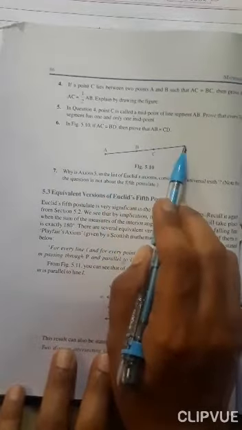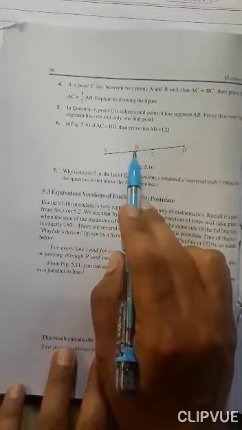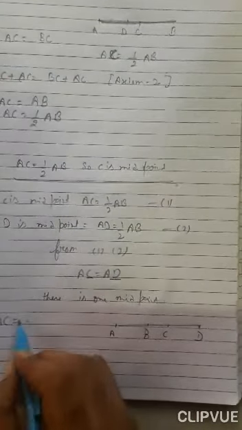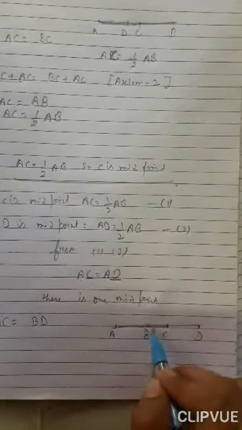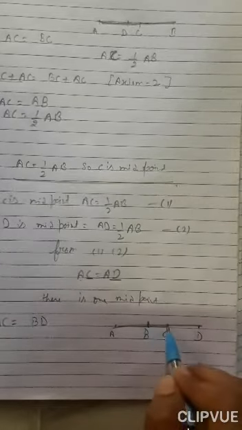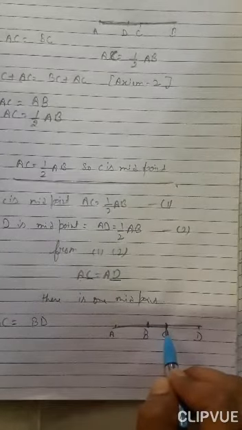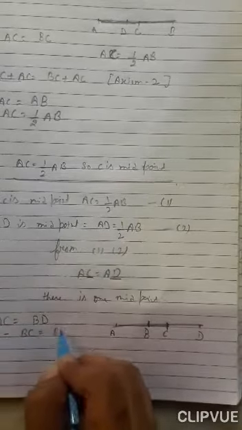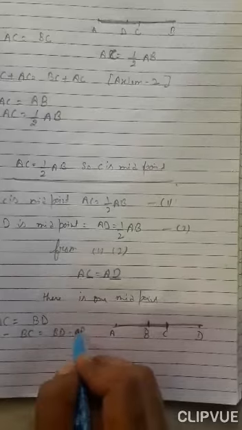Next one, in figure 5.10, if AC is equal to BD, then prove that AB equals CD. So firstly we have AC equal to BD. So AC, and B to D, and the BC part is common in both, so we can subtract it from both: BD minus BC.